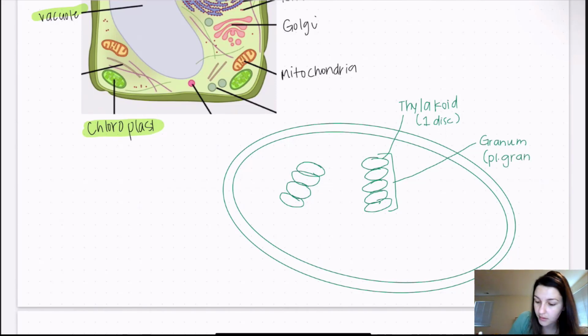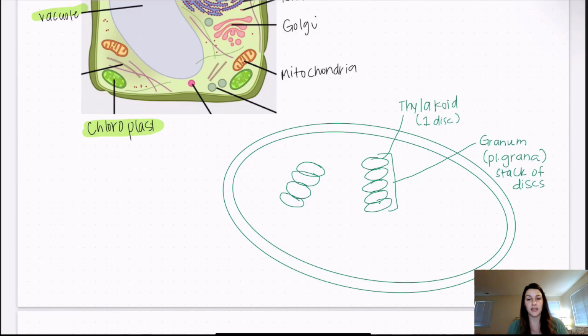Oops, one N. Grana. That's the stack of discs. And all those discs are connected, and this becomes really important when we're thinking about how photosynthesis happens, and thylakoids and grana are one of those places that photosynthesis really does happen. So thylakoids and grana, that's what we have so far.